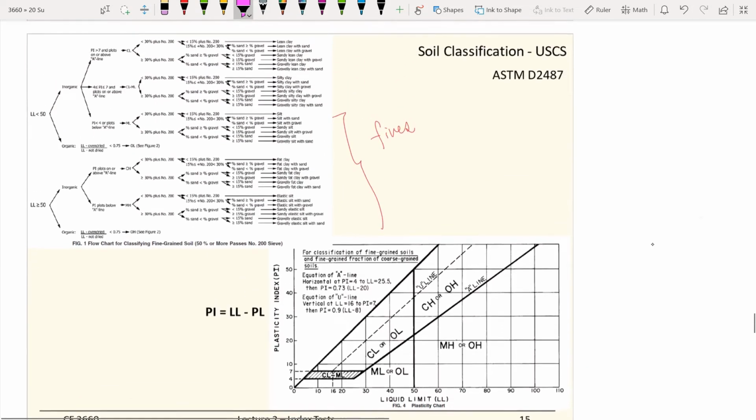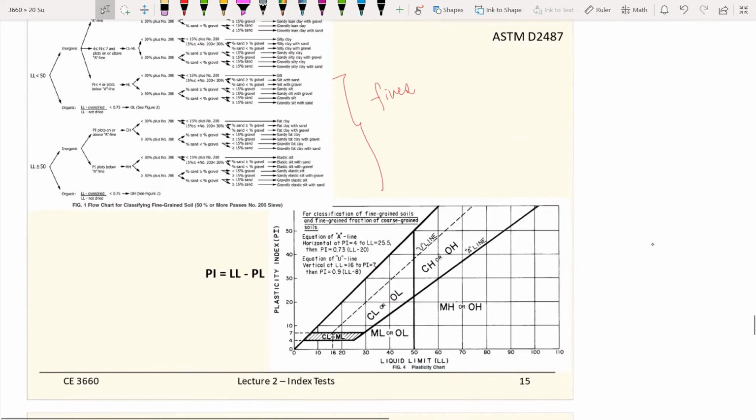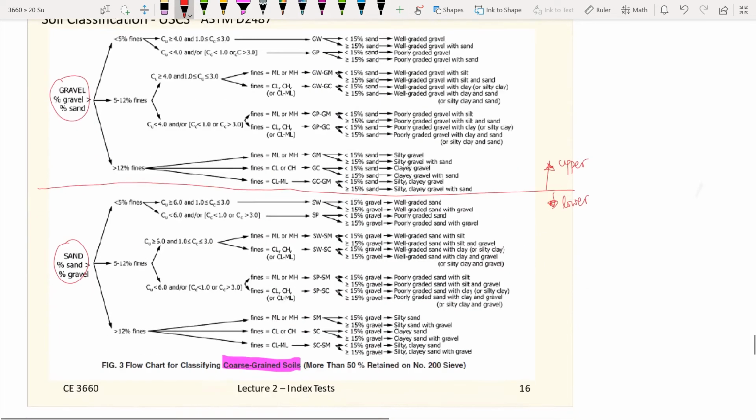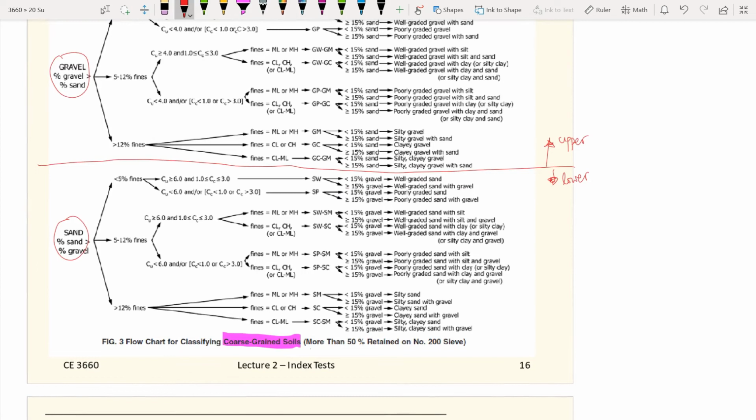Figure 1 and figure 4 are for the fine-grained material. The difference is that this one is for 50% or more passing number 200, and the other one is for more than 50% retained on number 200. So this one is not passing, and the other one is passing.